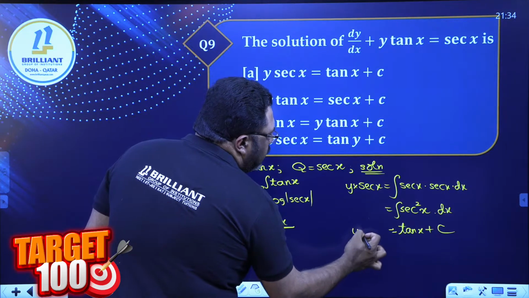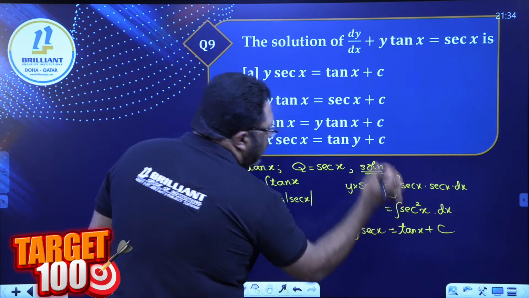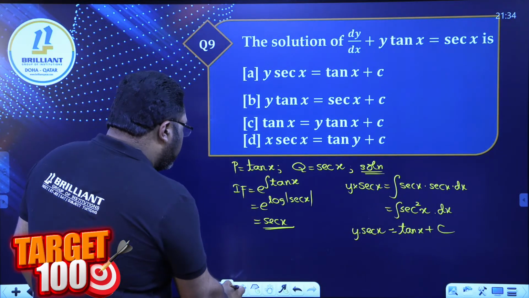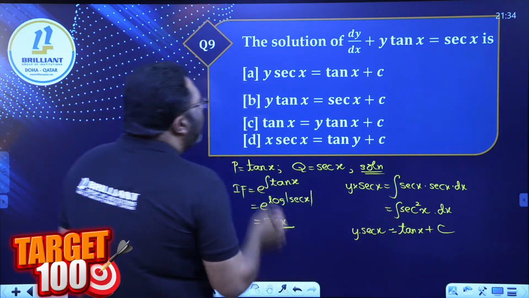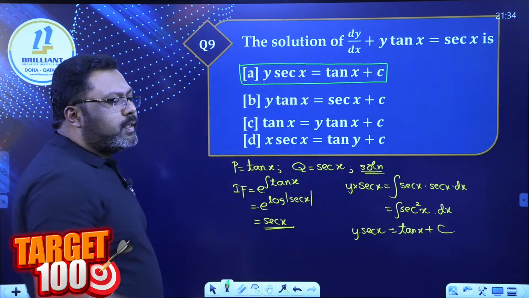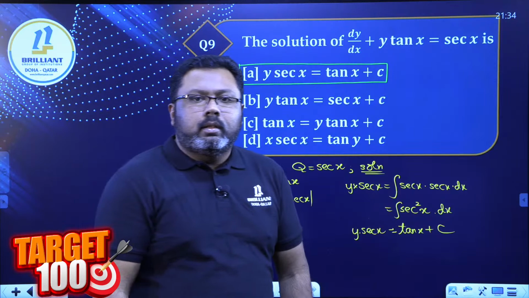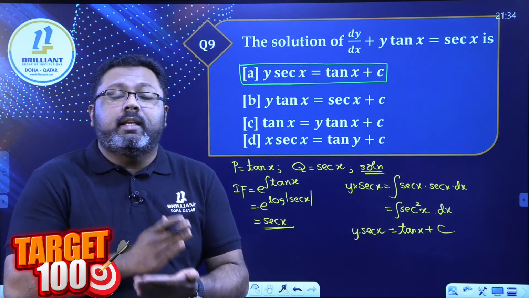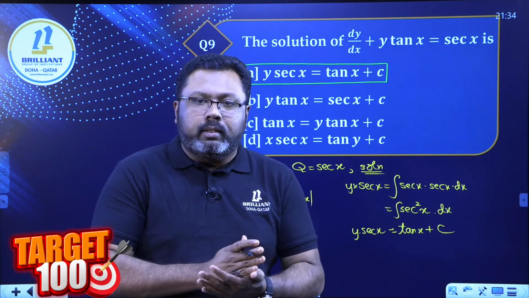So my solution is y sec x equal to tan x plus c. Option A. y sec x equal to tan x plus c. Yes? Please keep it simple and neat.